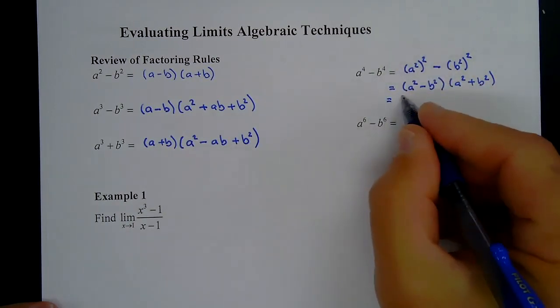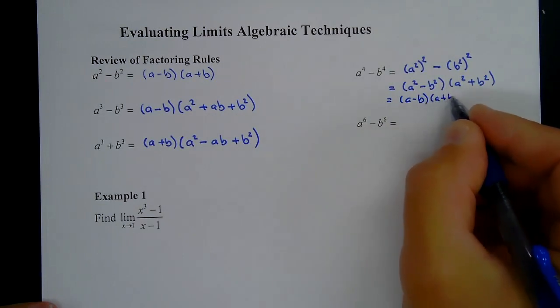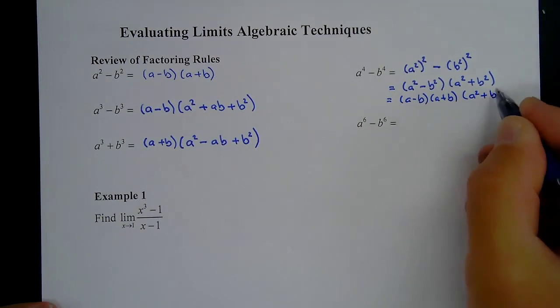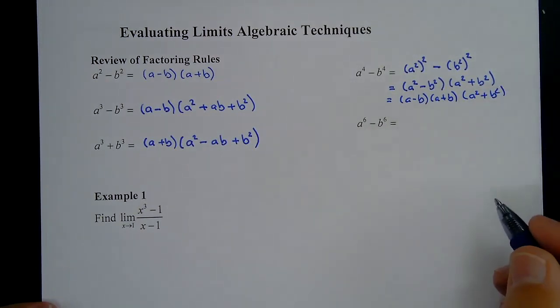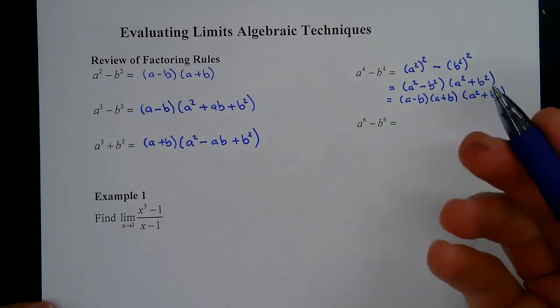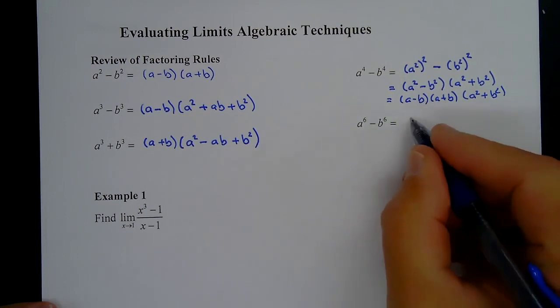So this factors into a minus b times a plus b times a squared plus b squared, and that one's not factorable. Okay, so a to the 6th minus b to the 6th, that could be written as a difference of squares, okay? How could that be?